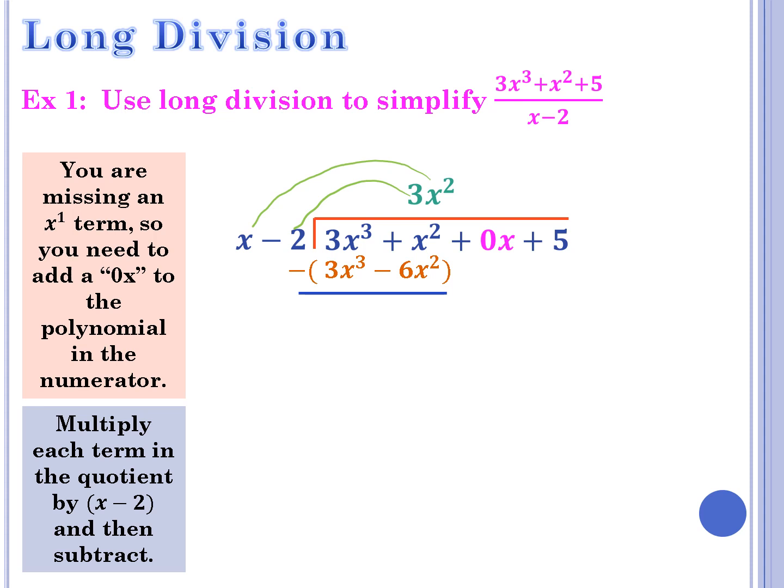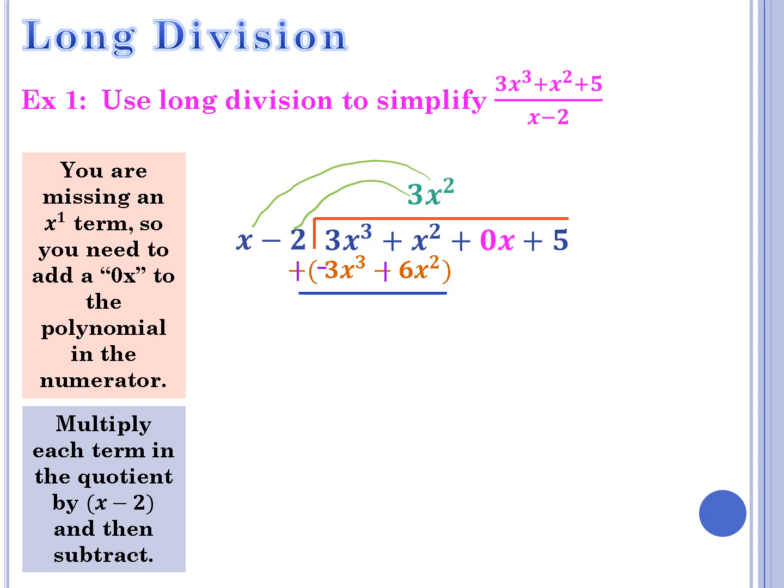That's because I'm not just subtracting the 3x cubed, I'm actually subtracting the quantity 3x cubed minus 6x squared from 3x cubed plus x squared. So I have to distribute that negative across the parentheses. I change the subtraction to addition, and then I change the sign of both terms.